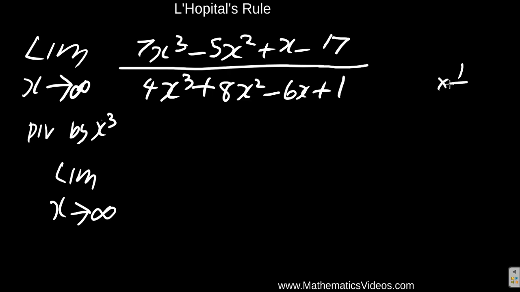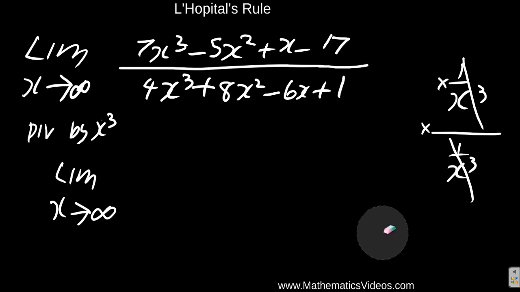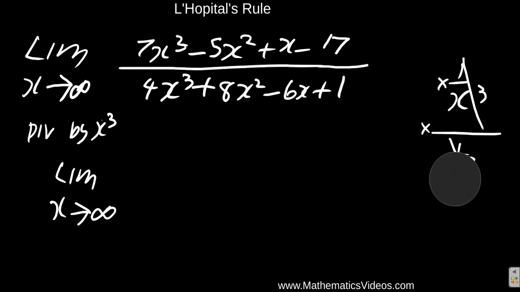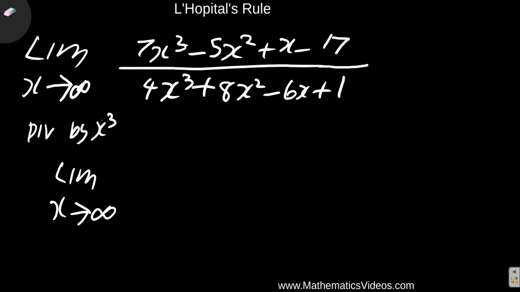If you divide by x cubed, it's like multiplying by 1 over x cubed. But you also multiply the denominator by 1 over x cubed. But guess what? 1 over x cubed cancels 1 over x cubed. So it's as if you're multiplying the entire thing by 1. So the value remains the same.